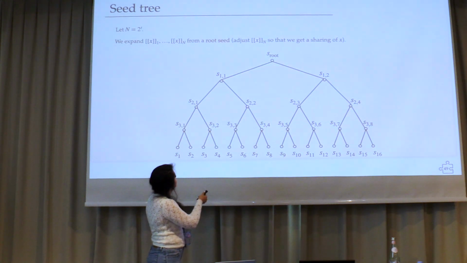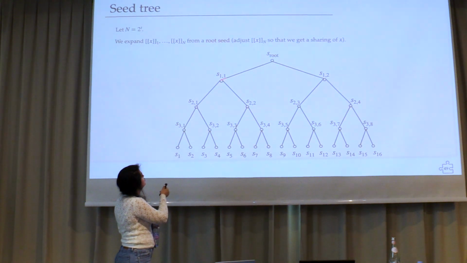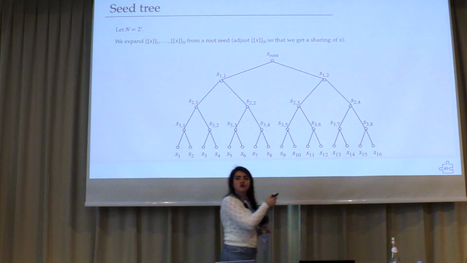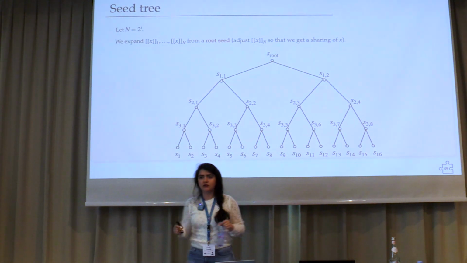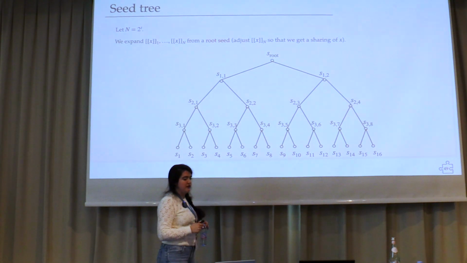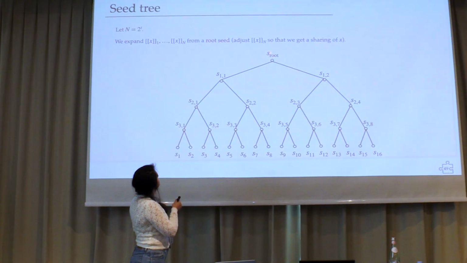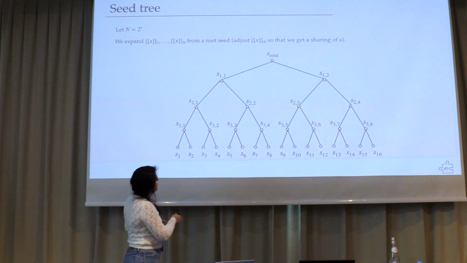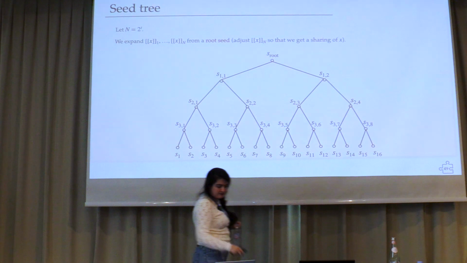You can build this binary tree by starting from a root seed, and then from that you expand 2 values. You know what I mean by a seed? It's a pseudo-random generating function. It gets some input and then expands it into a bigger output in a pseudo-random way. So you start from the root seed, you build these other 2 seeds, and then each of them produces 2 children and so on. And then on the bottom you have, let's say, 16 values that correspond to the 16 challenges.